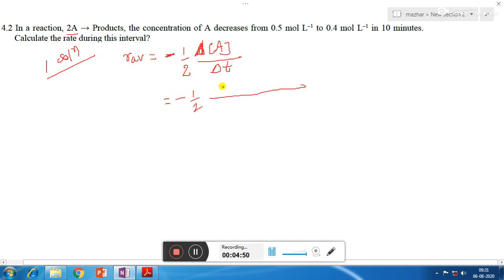Now delta A is the change in the concentration of reactant, so that will become A2 minus A1 upon delta T. So that is equal to minus half. Now final concentration of A is 0.4, so that is A2, minus initial concentration of A is 0.5, so that is A1, divided by delta T, so that is 10 minutes.